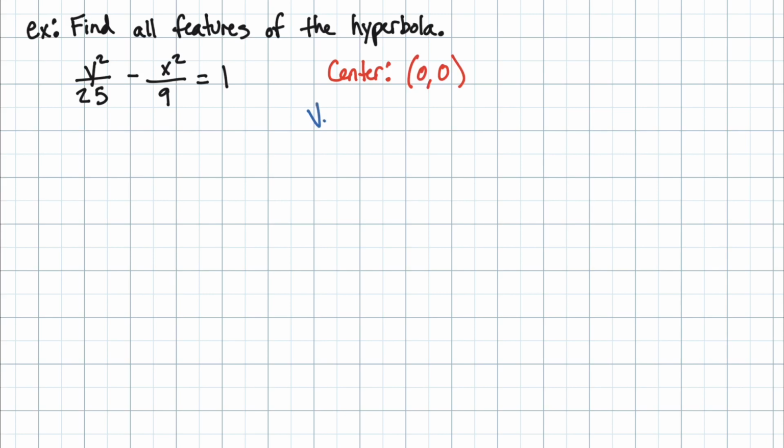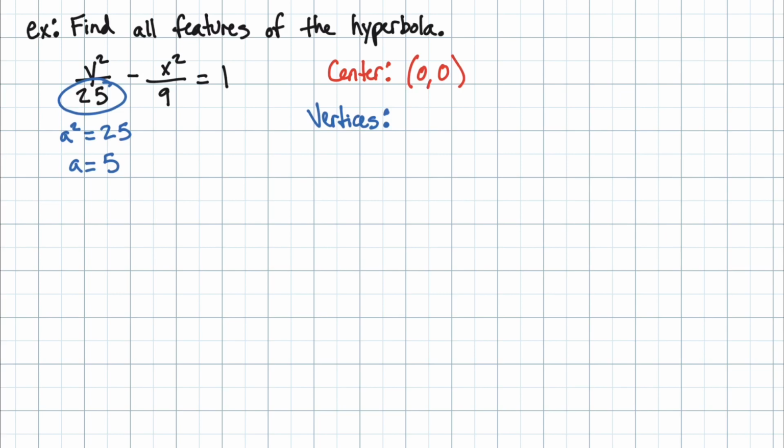Okay, next, we want the coordinates of the vertices. Well, we look for the distance to a vertex based on that first denominator. So if a squared equals 25, that tells me that a equals 5. And now I also have to know which way this hyperbola is opening.